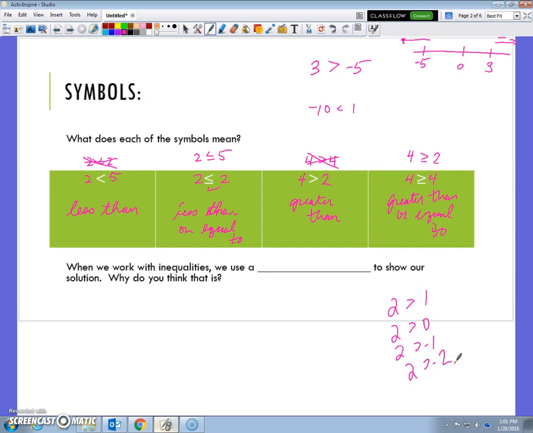So with an inequality, there's an unlimited number of answers that the variable could be. So we have to represent it somehow, and we represent it with a diagram called a number line. When we work with inequalities, we use a number line to show our solution. That's because there's more than one answer, and it's actually kind of a pattern.